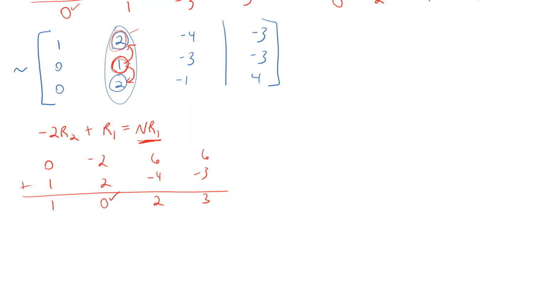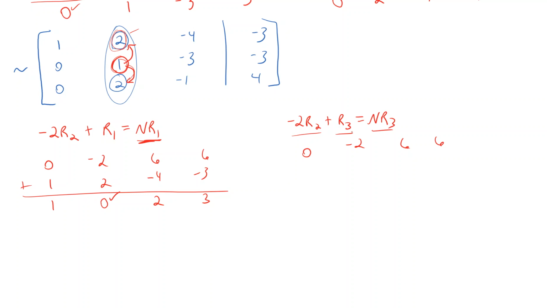Now I'm going to do the same thing and use this 1 to eliminate the 2 on the bottom. So I'll do negative 2 times row 2 plus row 3 to give me a new row 3, right? Row 1 and row 2 are the ones I want to change. So let's look at negative 2 times row 2. That's negative 2 times this row. I get 0, negative 2, 6, 6.